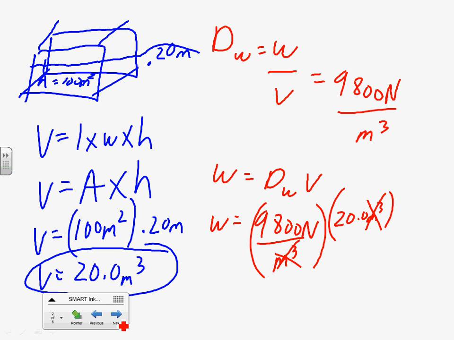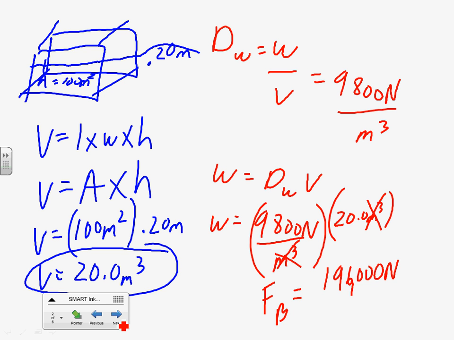And if we do a little math on this, 9,800 times 20, we end up with 196,000 newtons. That's the weight of the water displaced. That's also the buoyant force. So that is our answer to part C.